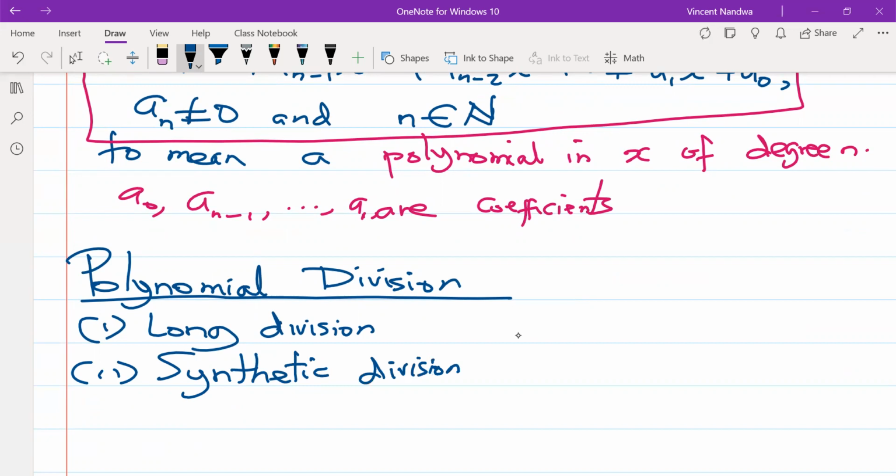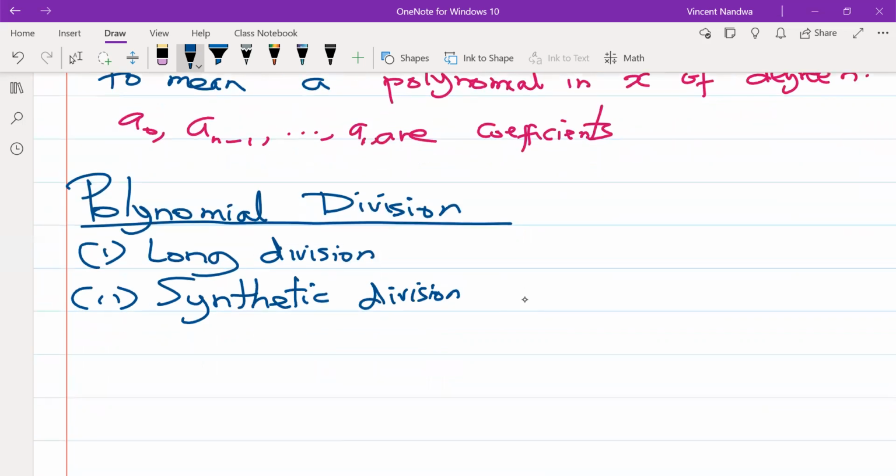Long division works for division of any given two polynomials, but synthetic division only works when the divisor is a linear polynomial. We will describe each of these two types of division with some examples to appreciate how each process is done.